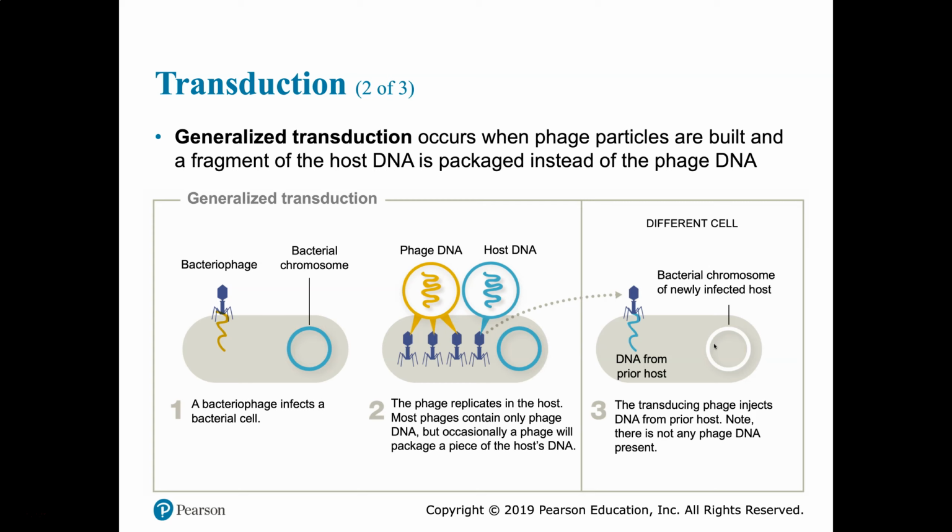But there may be new functions, is what is important. There may be new functions. And this new cell that gets this bacterial DNA may acquire those new functions. So bacteriophages can introduce host DNA or bacterial DNA by accident.